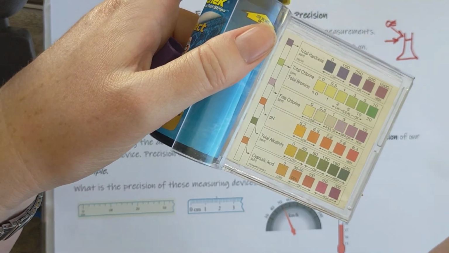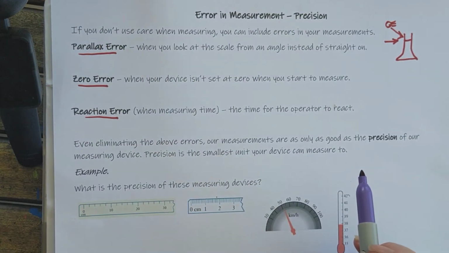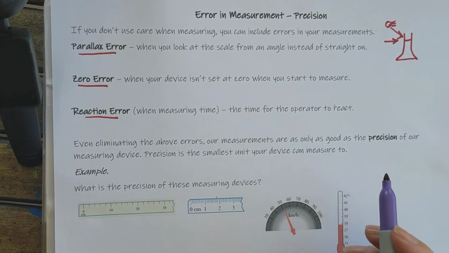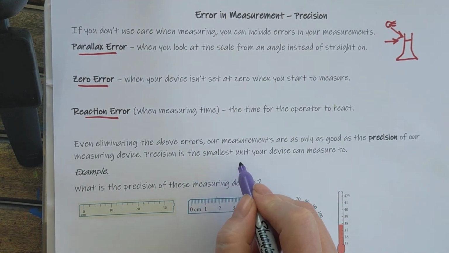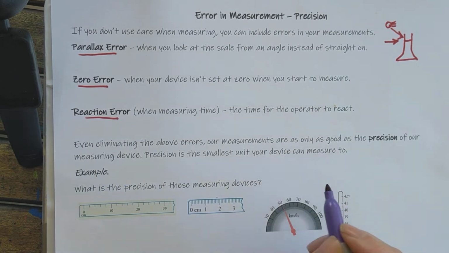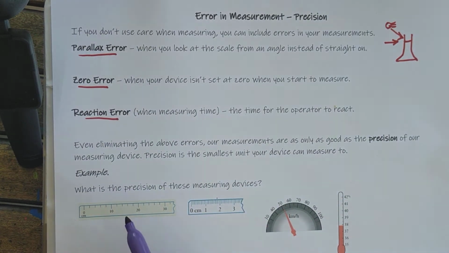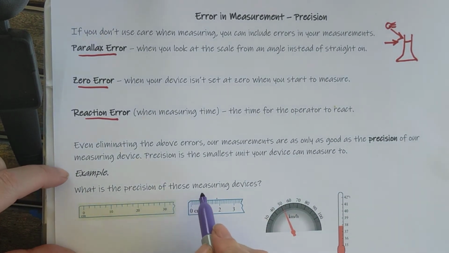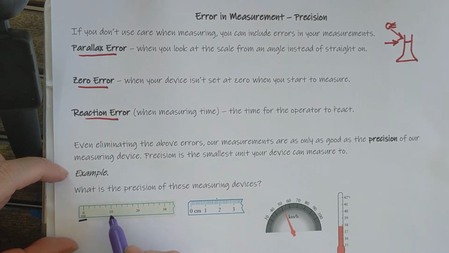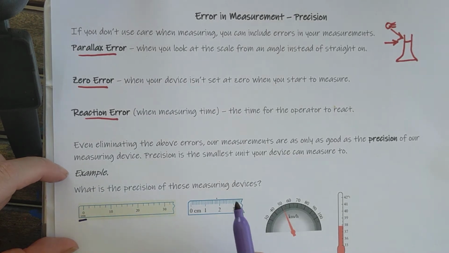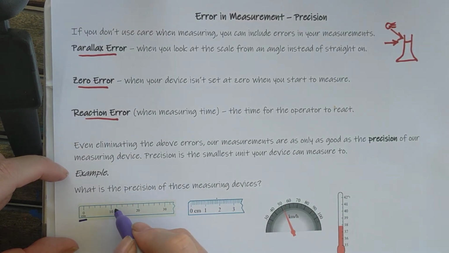So when we have a look at a device, the precision is the smallest unit the device can measure to. So if we have a look down here and it says what's the precision of these measuring devices, here we're measuring in centimetres. If we count up, we've got a 10, a 20 and a 30. That's fine. We need to see where the dashes are at.